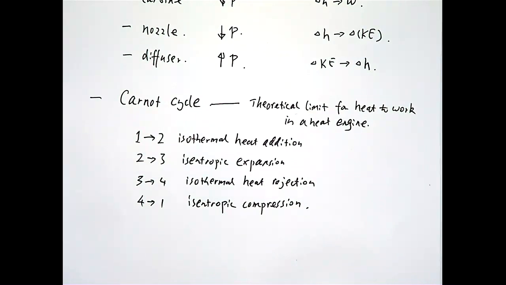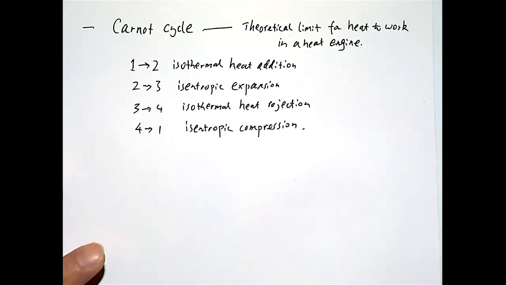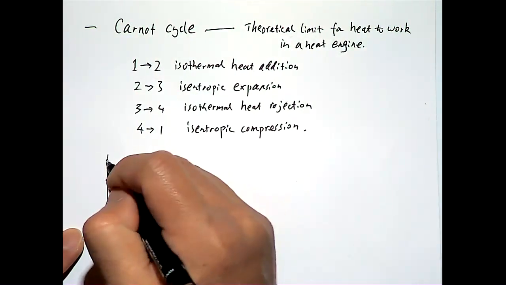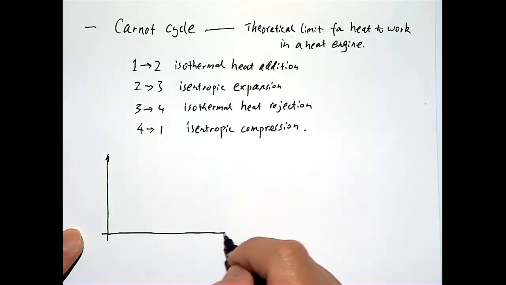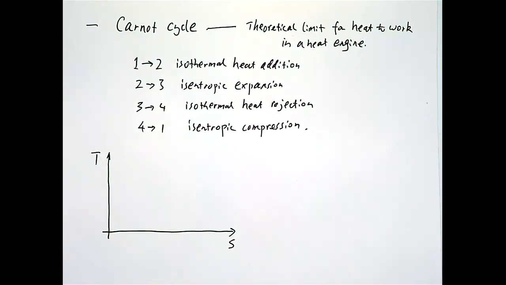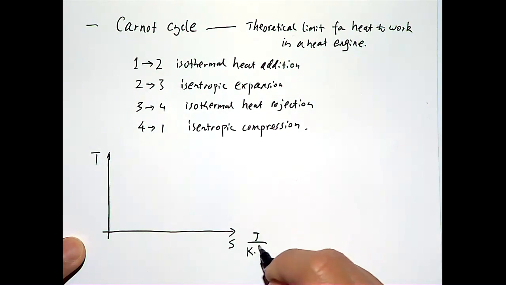All right, so we must use some kind of diagram to show this. And the diagram we choose here is called the TS diagram. Temperature versus the mass-specific entropy. So this one is joule per Kelvin per kilogram, mass-specific entropy.